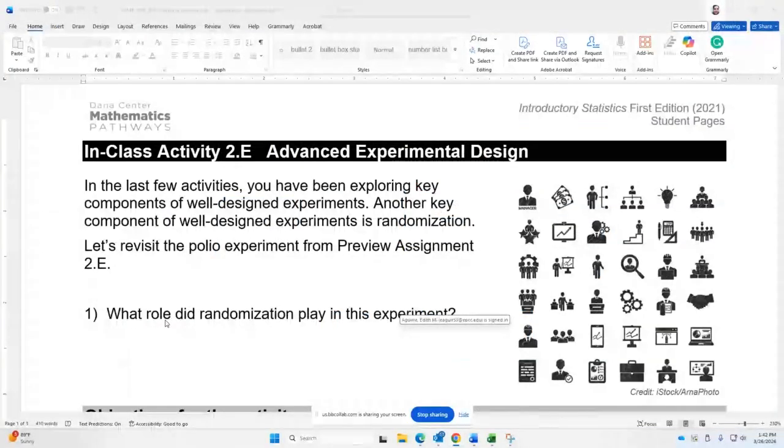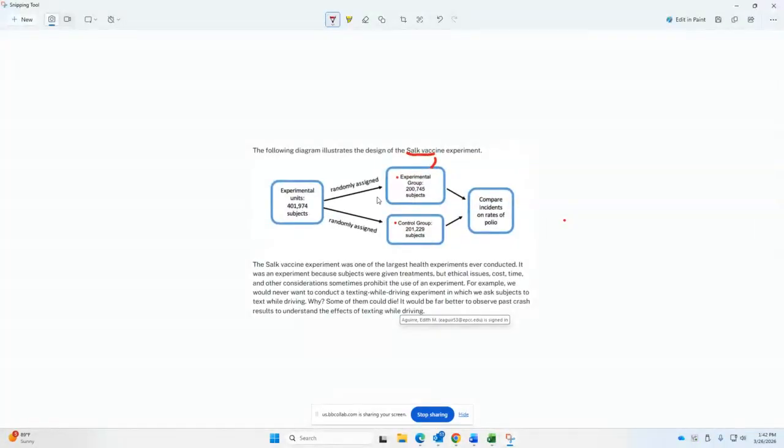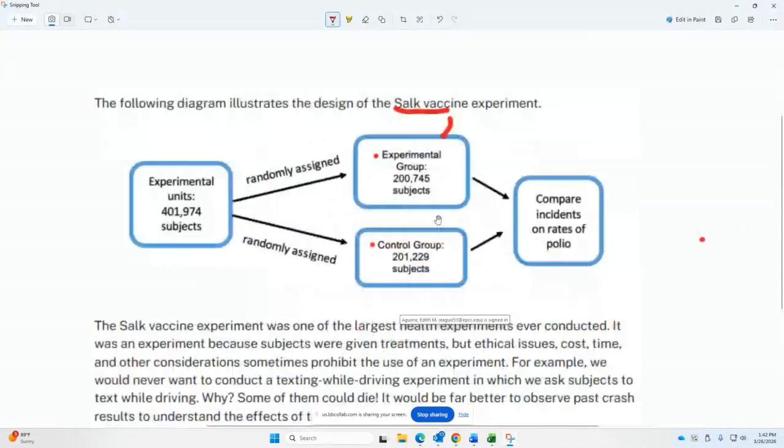So what role did randomization play in this experiment? By using randomization to determine which subjects are assigned to the experimental group and which subjects were assigned to the control group, comparable groups were formed to balance the groups receiving the Salk vaccine with those receiving the placebo. So again, back to the image, control.